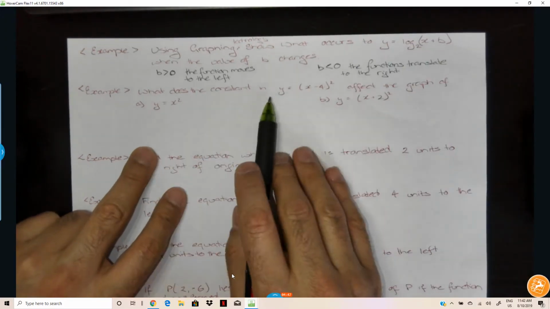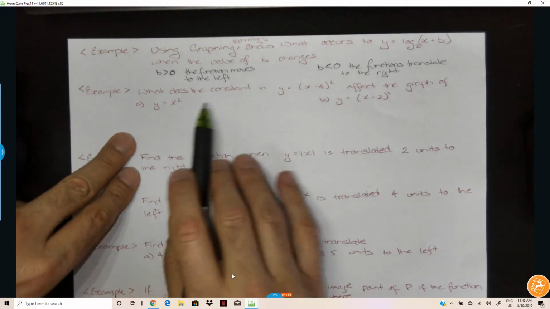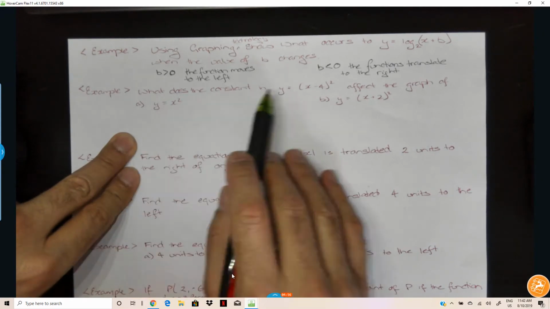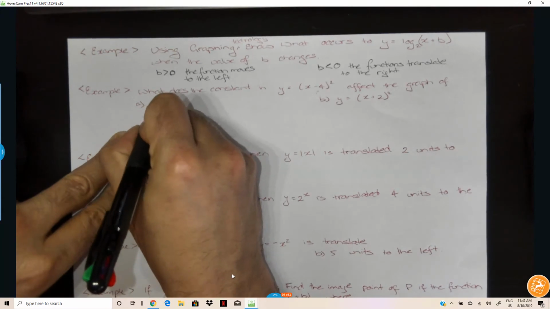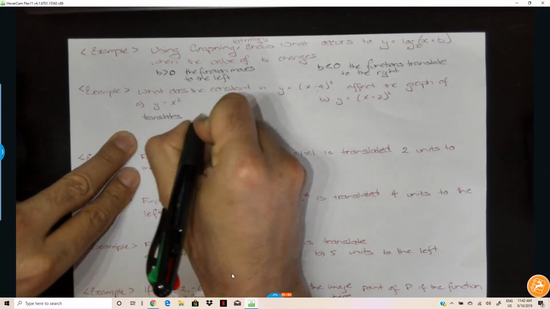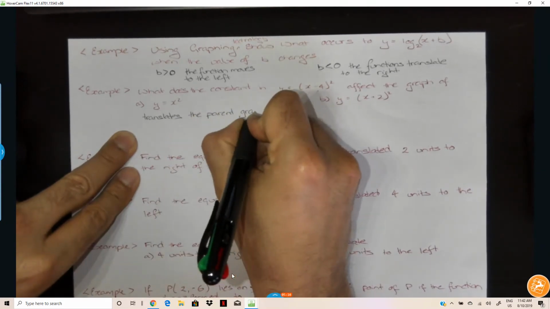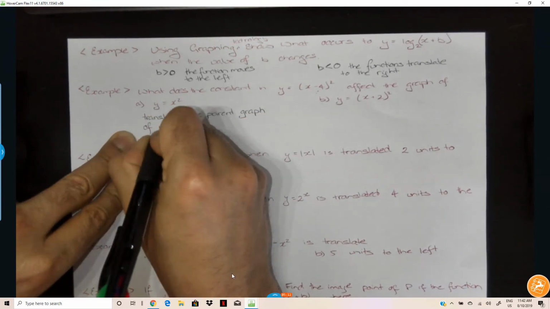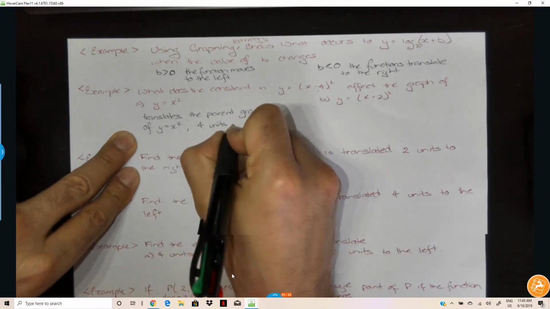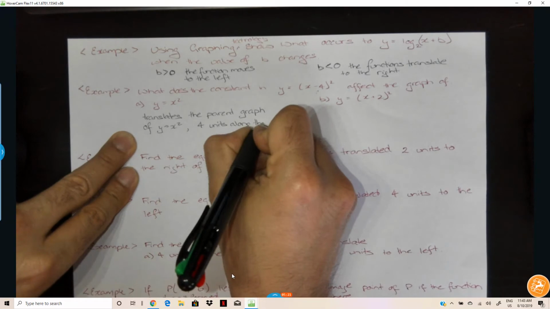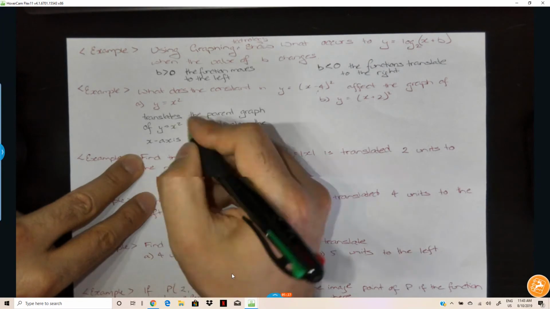So what does the constant in y equals x minus 4 squared do to the graph of y equals x squared? Here I start with y equals x squared. So it translates the parent graph of y equals x squared 4 units along the x-axis. 4 is positive, so we're going to go to the left.